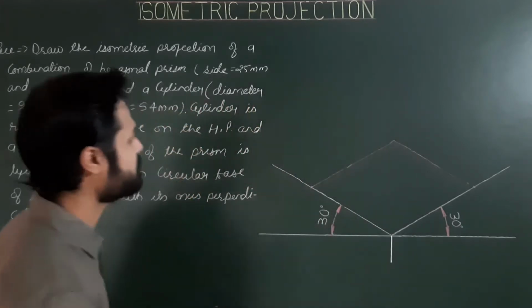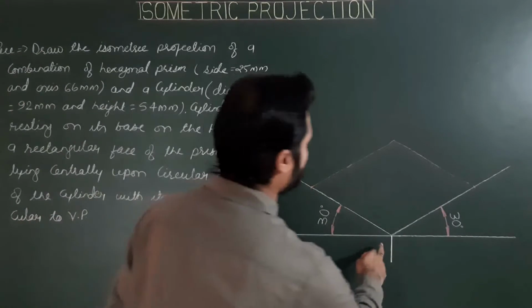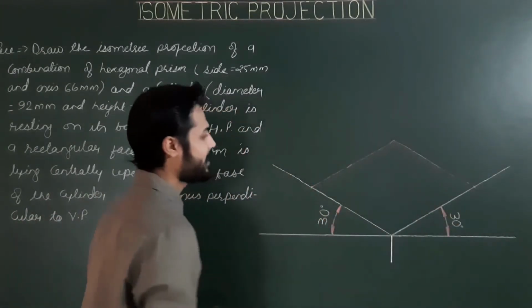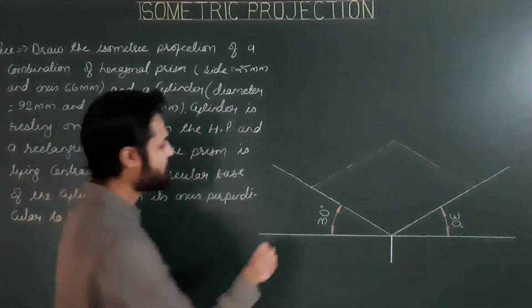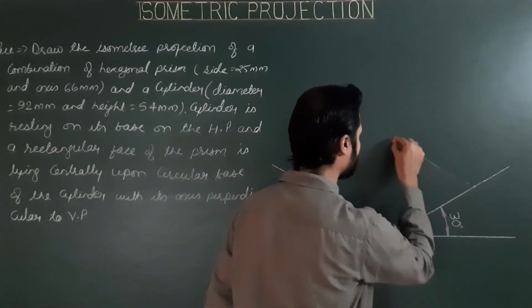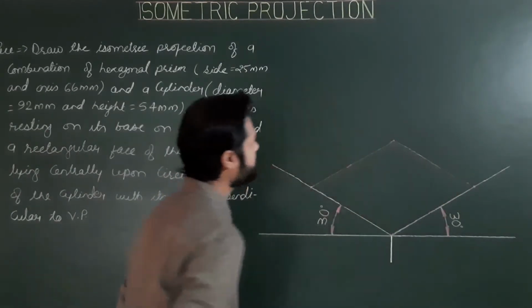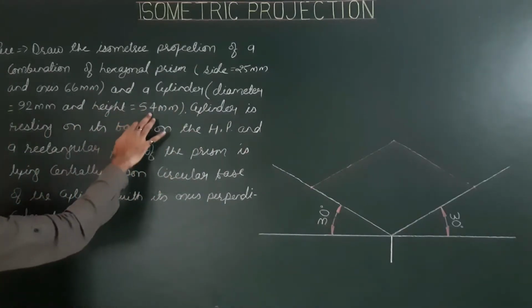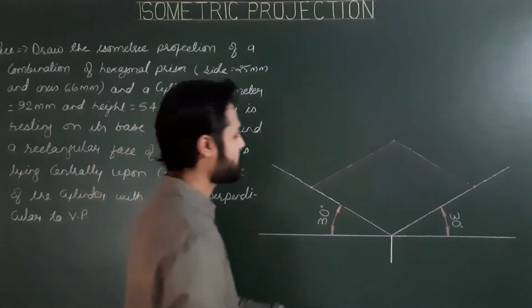So marking limits of ISO 92. Now we have all four corners of the helping square. Now from all four corners, drawing vertical lines for generators, for length equals to height 54.